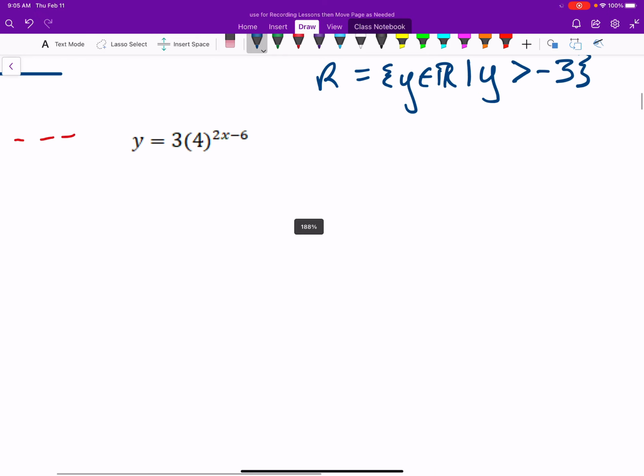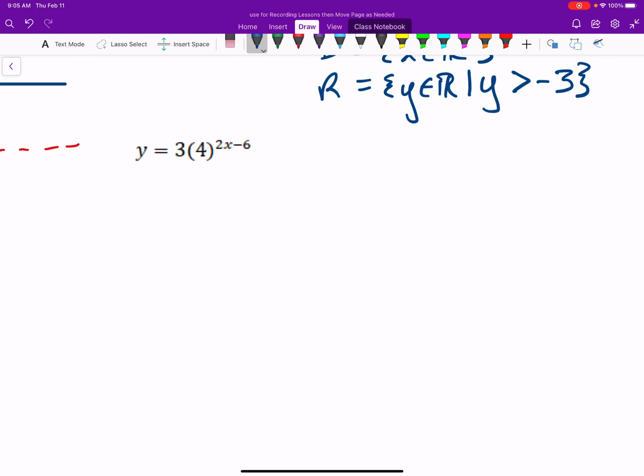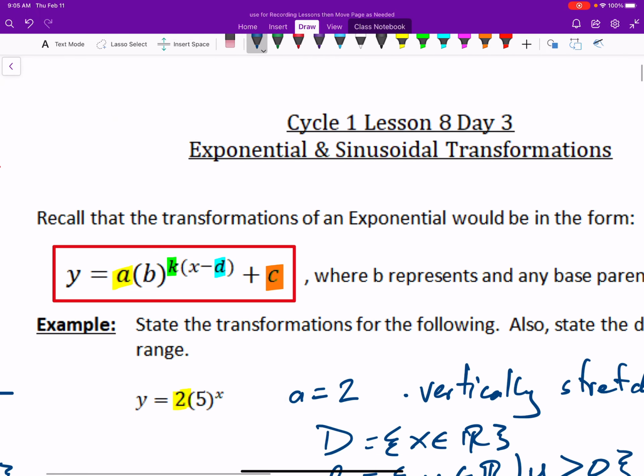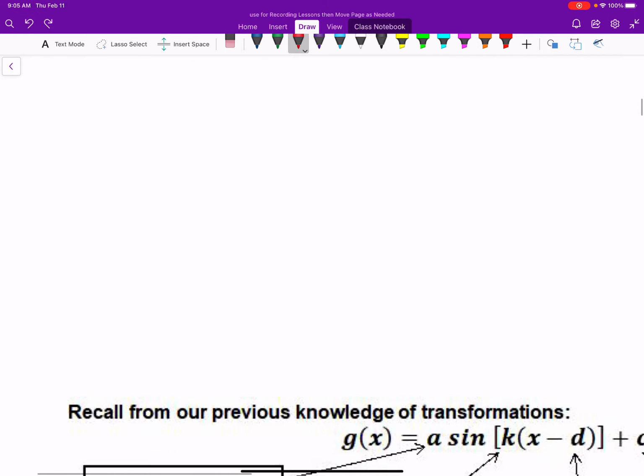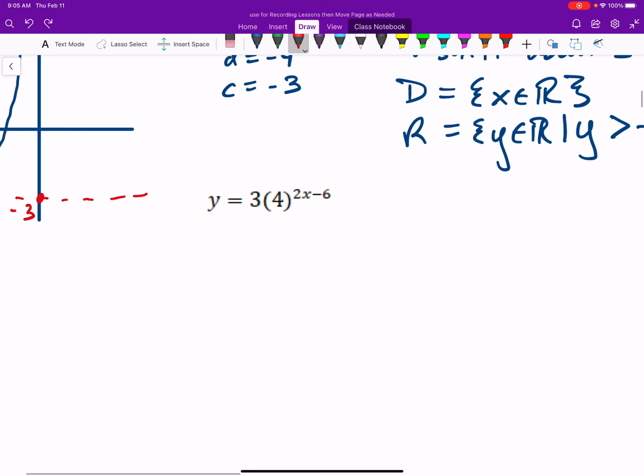This last one, there's something funny that we have to notice about this one. Take a look back at the original formula. In particular, notice how the K value is common factored out from the X minus D. So it's K bracket X minus D end bracket. That matters. That's the format we have to have it in to make it work.